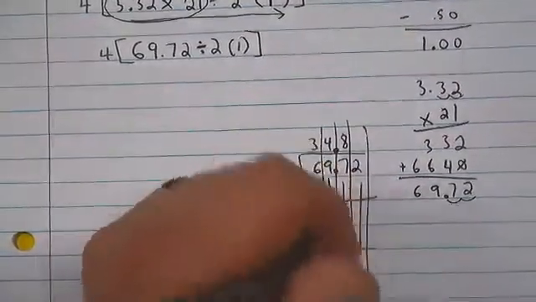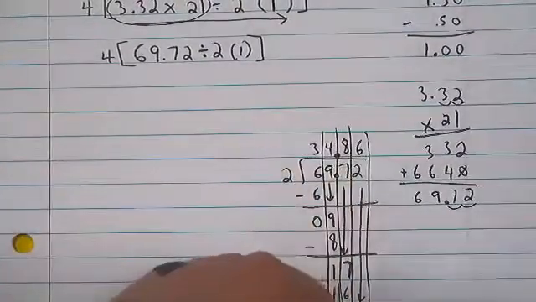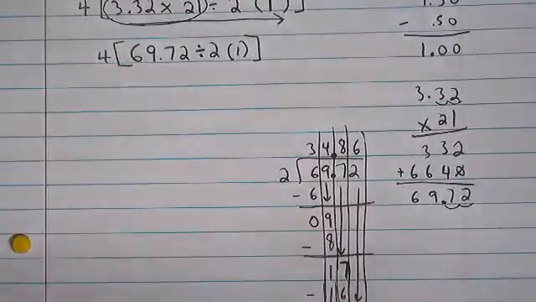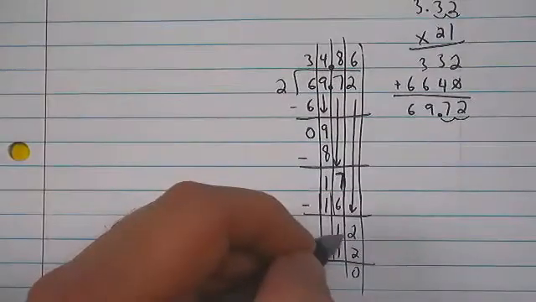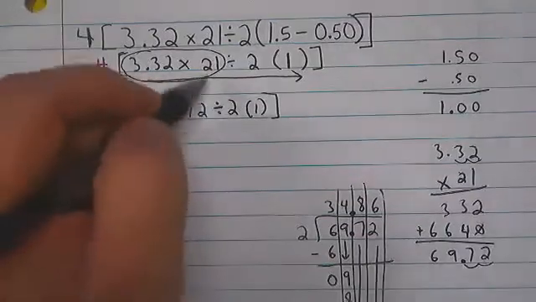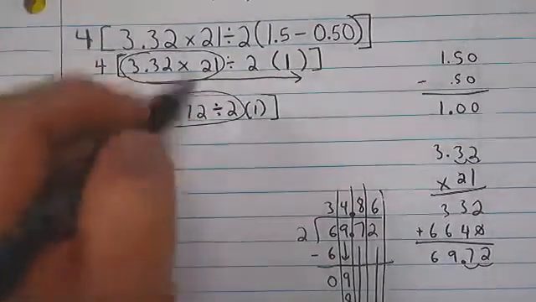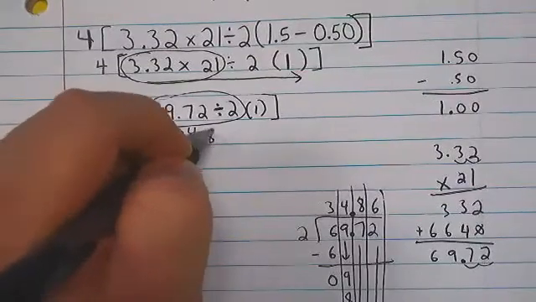Subtract, 1, bring down my 2. 2 will go into 12 6 times, which is 12. Subtract and 0. Oops, you can't see what I just did. So 12 minus 12, 0. All right, so 34 and 86 hundredths is what this will simplify to. So this is the second thing I did. That's going to simplify to 34 and 86 hundredths.